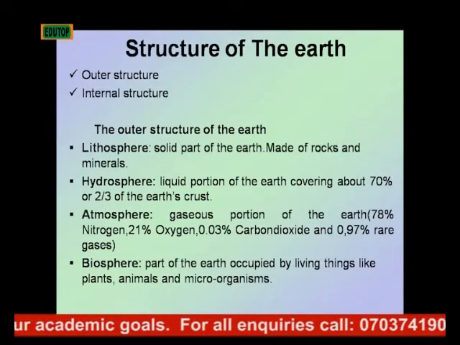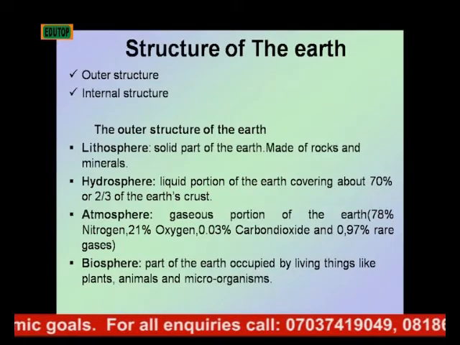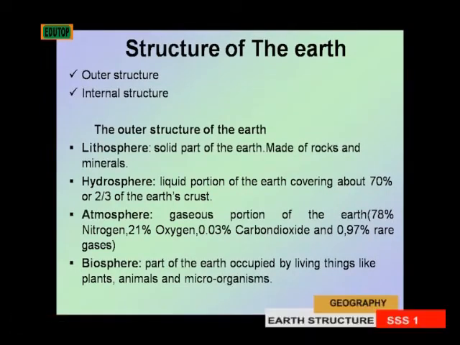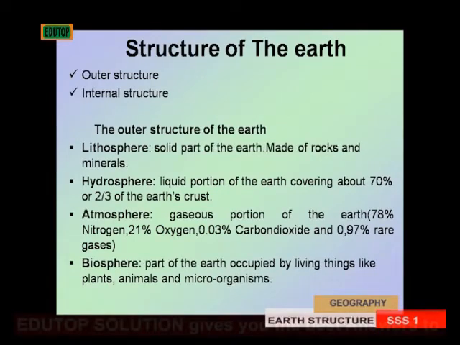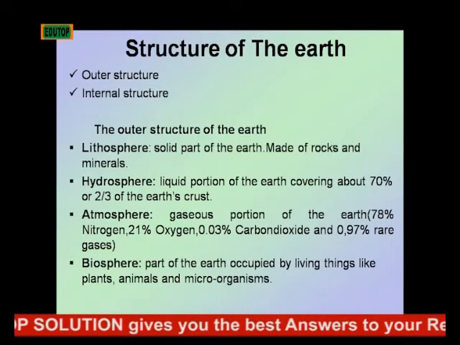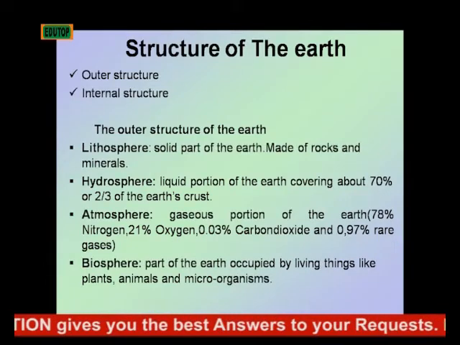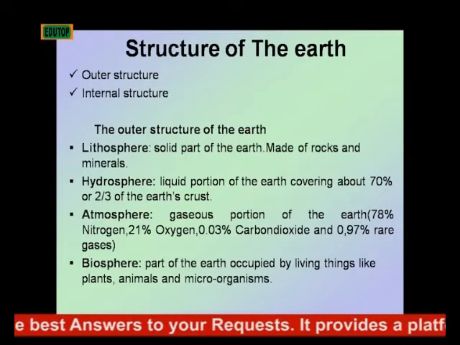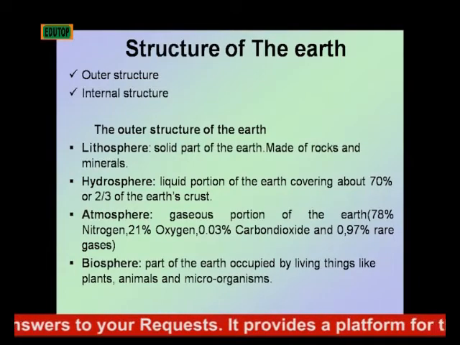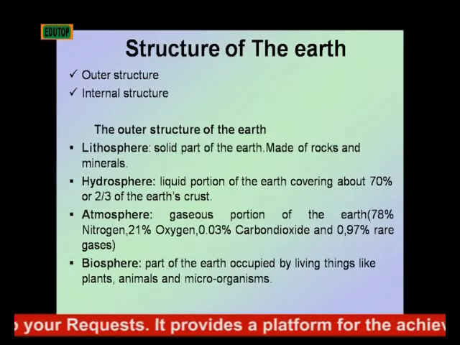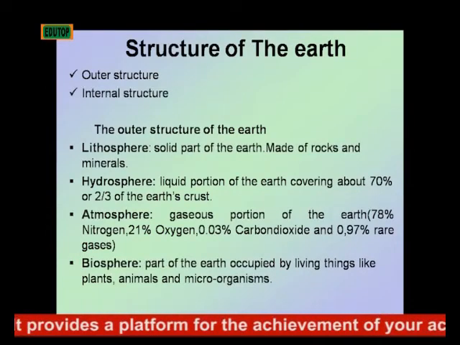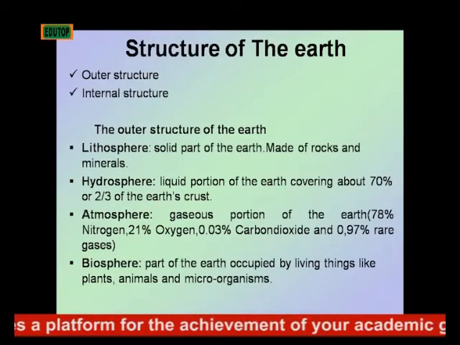When you consider the lithosphere, we are talking about the solid portion of the Earth made up of rocks and minerals. The hydrosphere is made up of the liquid part of the earth. And of course, the hydrosphere covers about 70% or 2/3 of the entire Earth's crust.